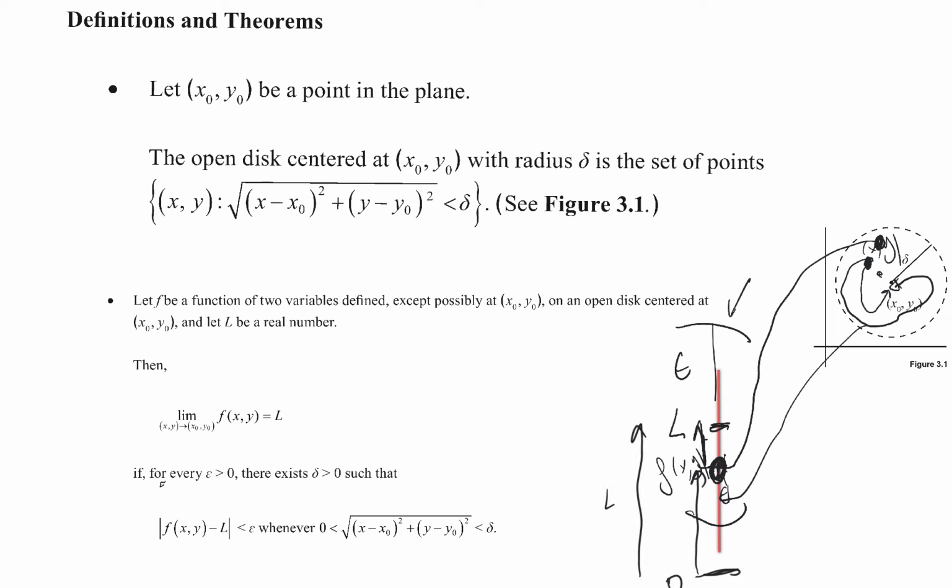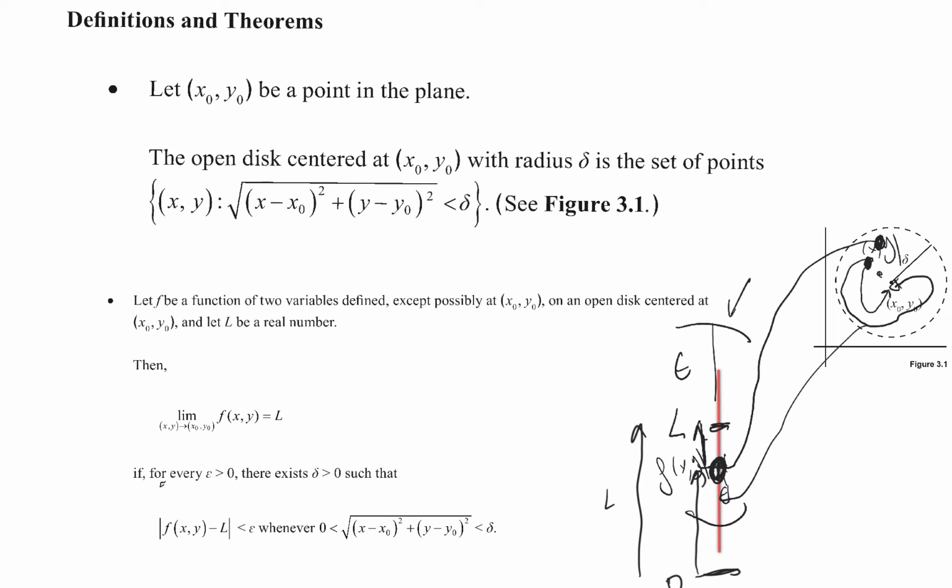So the distance is the absolute value of L minus f of x, y. If the distance of f of x, y minus L is less than epsilon, then it is possible to find a disk of radius delta such that all the points are contained in the disk.